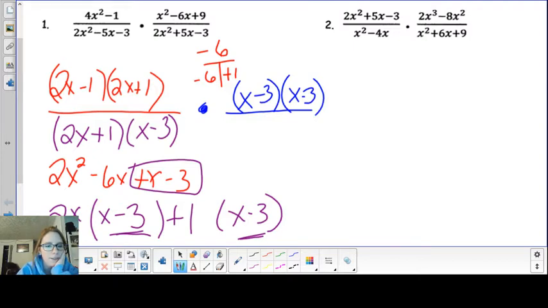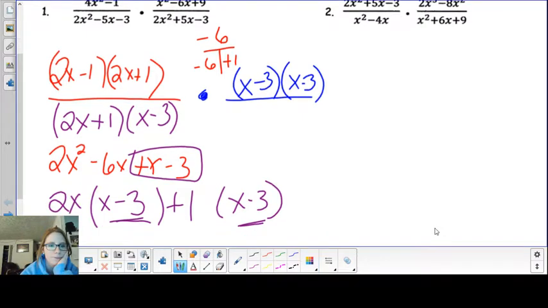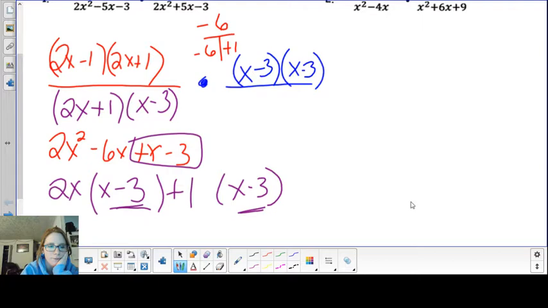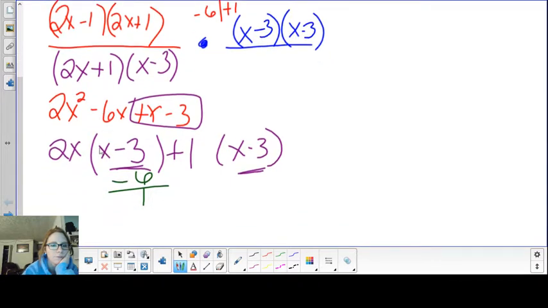And if you notice, in my denominator, we're multiplying to a -6 again. And this time we're going to add to a +5. So I want 6 minus 1.